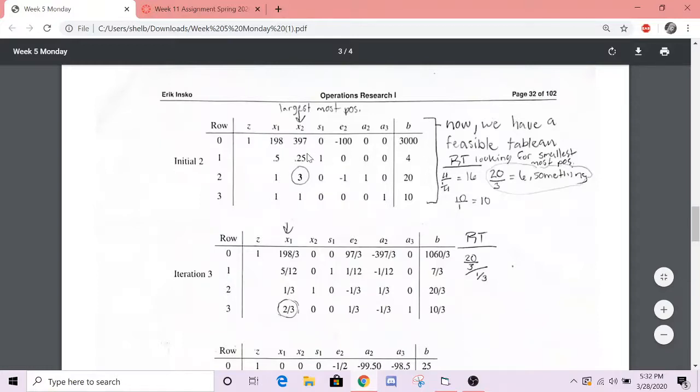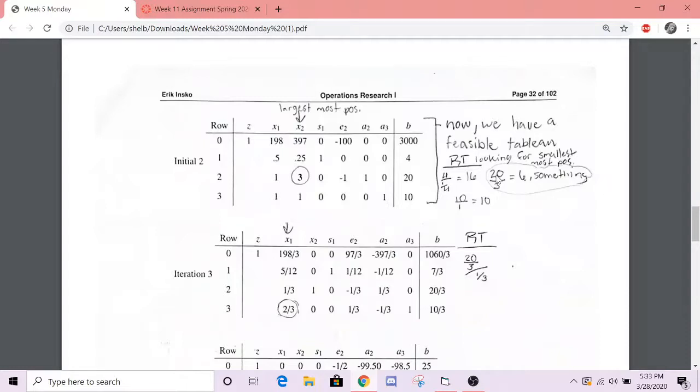We have 4 over 0.25, or 4 over 1/4, which is 16. We have 20 over 3, which is 6 point something, and we have 10 over 1, which is 10. We're looking for the smallest most positive. I forget exactly what that goes to. Let me do that real quick.